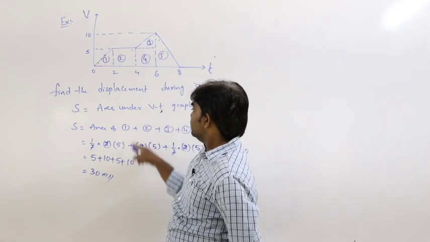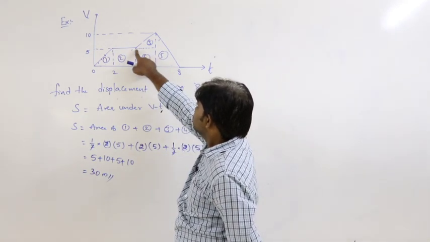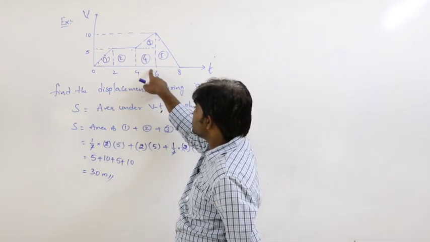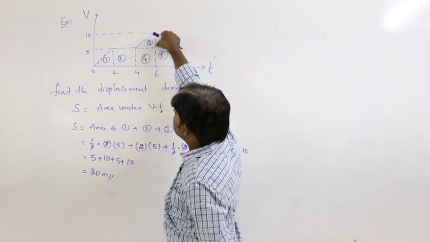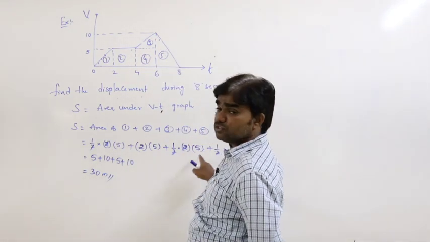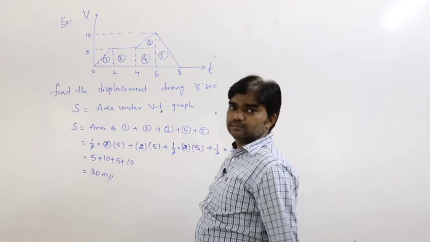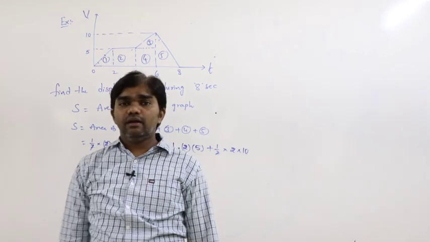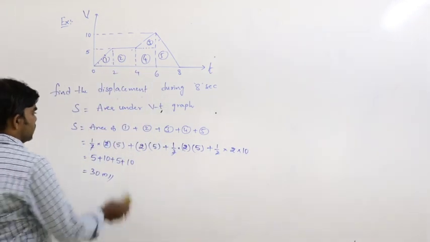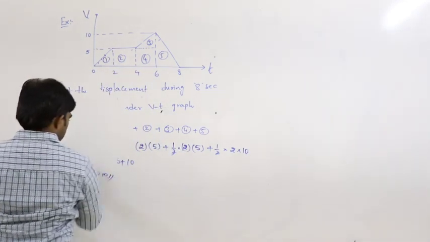Next height is 5. Next it is again the third one. This base exists from 4 to 6, so that is 2. Height exists from 5 to 10, that's why it is 5 only. Like that. So this is the way to calculate the area under this graph, and this is the way to calculate the displacement.